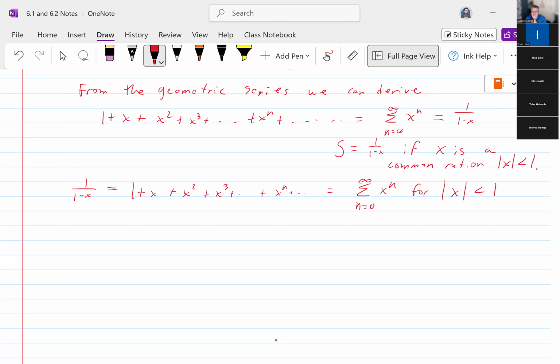This does not work when x is 1 or when x is negative 1. It only works for any value between 1 and negative 1. The endpoints diverge.